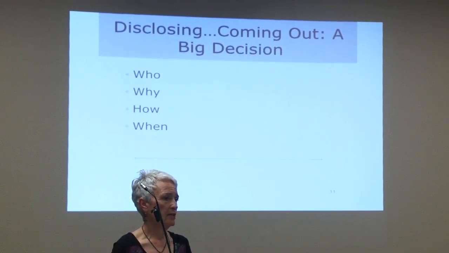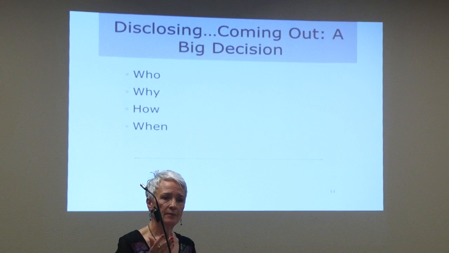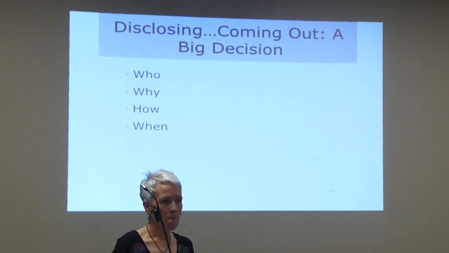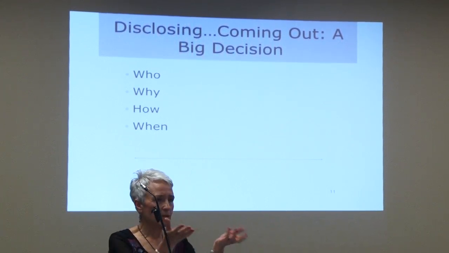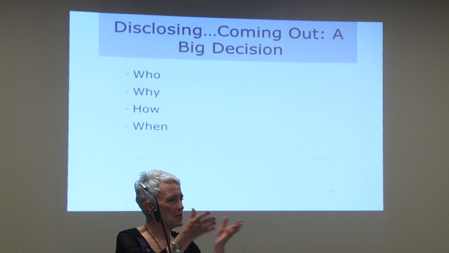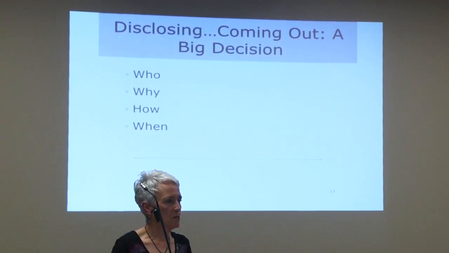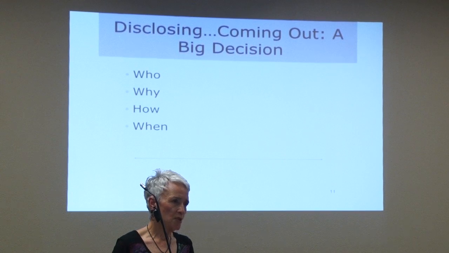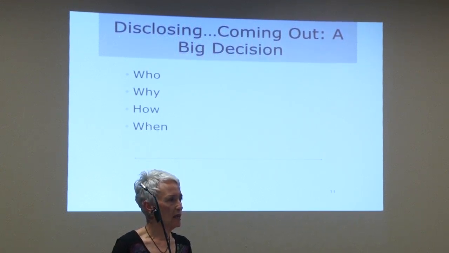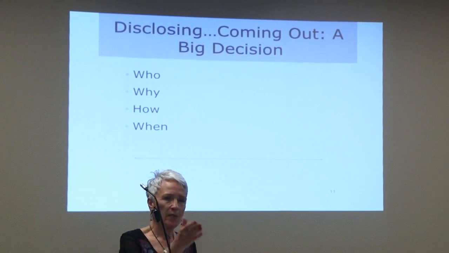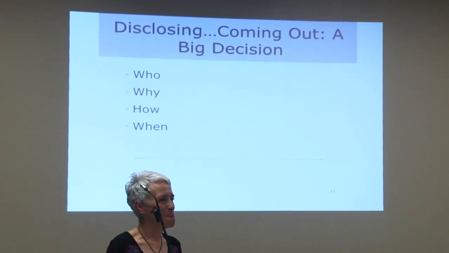It could be a friend, it could be your employer, it could be your landlord. So let's pretend. What would you say, and how would you say it to, say, a landlord? Anybody want to take that on?